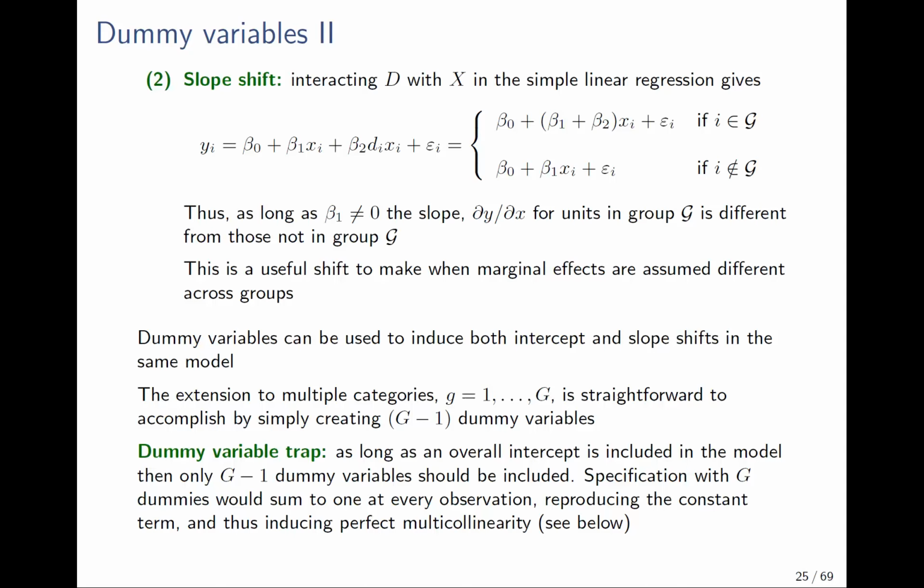If you introduced all G dummies, then all dummies would sum to 1 at every observation, exactly reproducing the constant term, giving perfect multicollinearity, and that would mean the model would not be able to be estimated. So when you introduce dummy variables, as long as you include an intercept, you must drop the dummy for one of the categories, and that then becomes the reference that the intercept takes. It takes the value of the category that you have dropped.